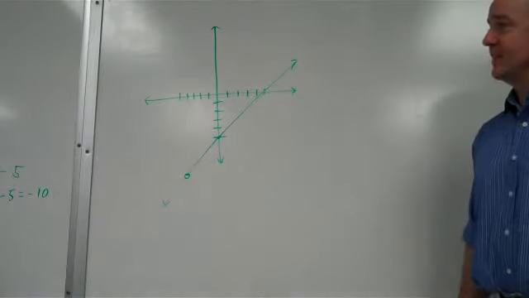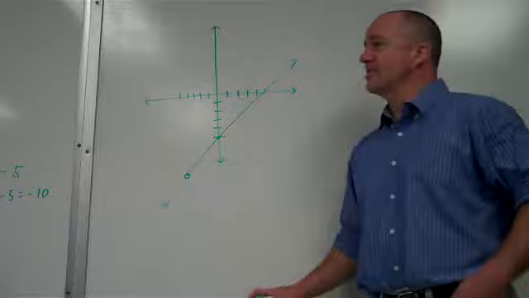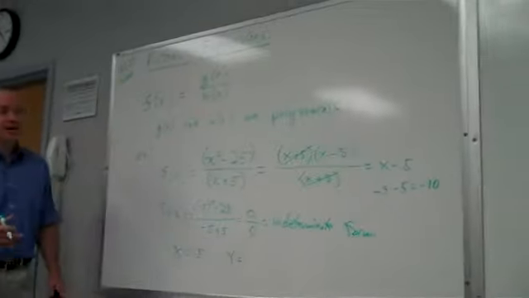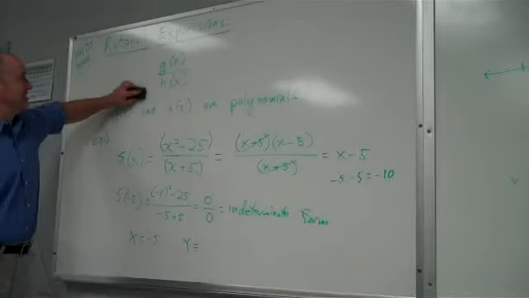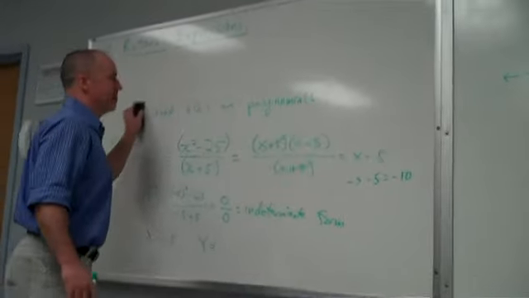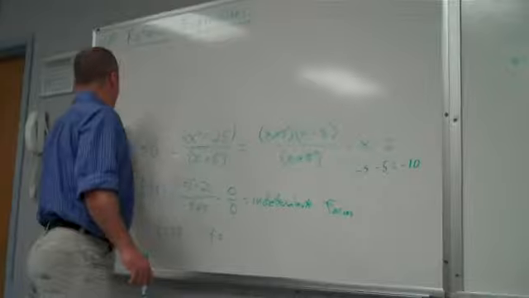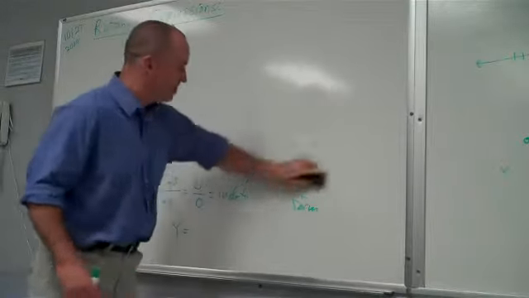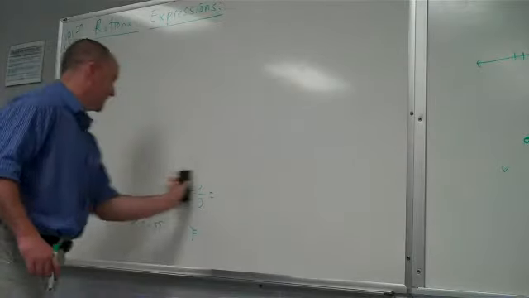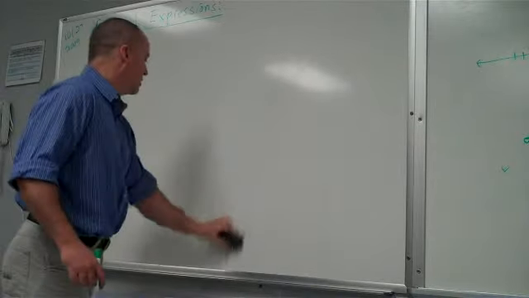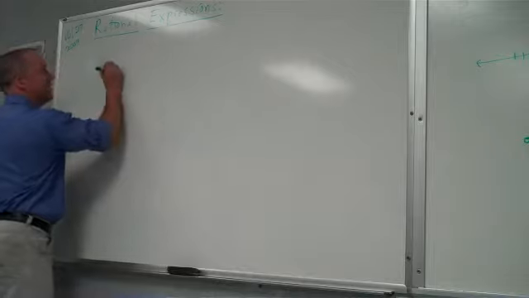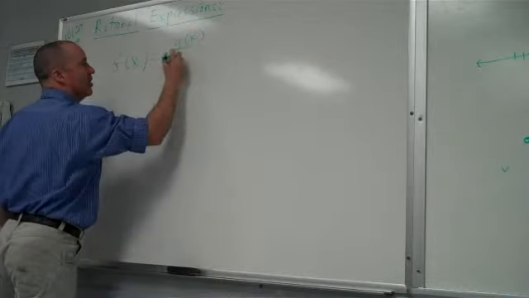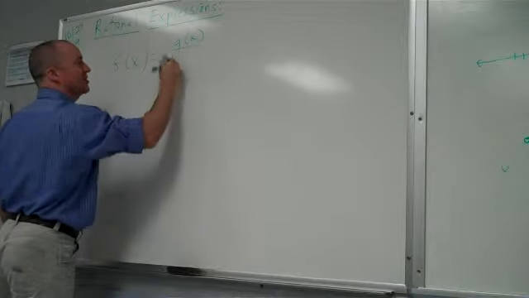That's one possibility. The other two possibilities with 0 and rational expressions are you get 0 on the top and 0 on the bottom. Once again, we're looking at f of x equals one function over another function.